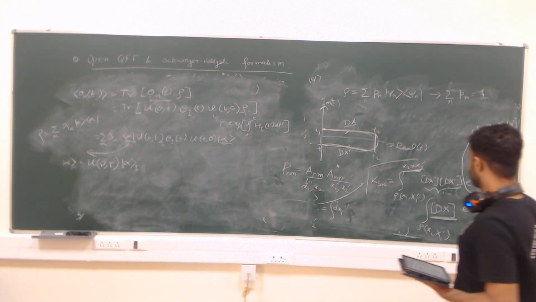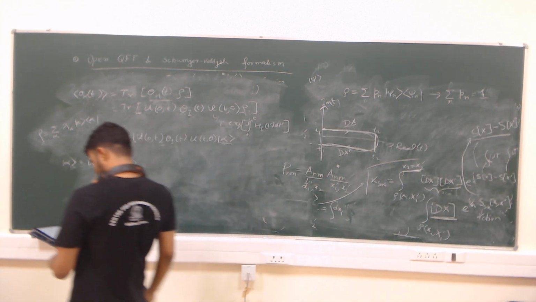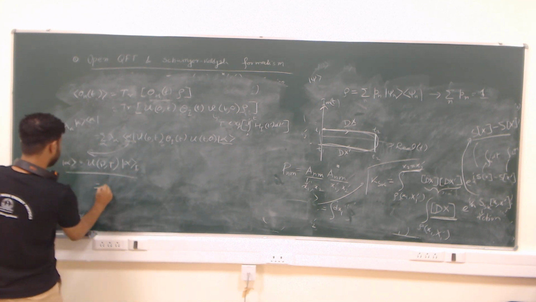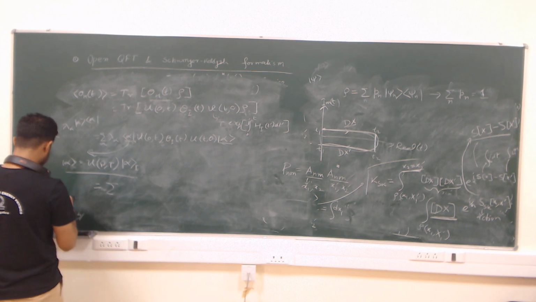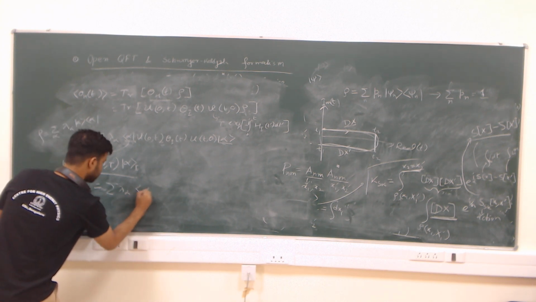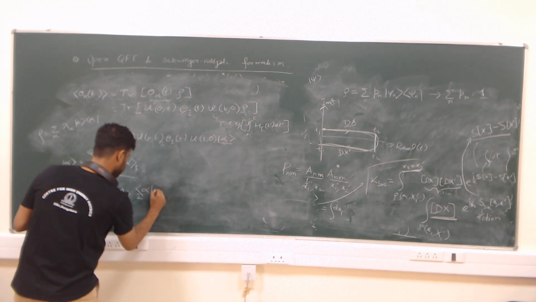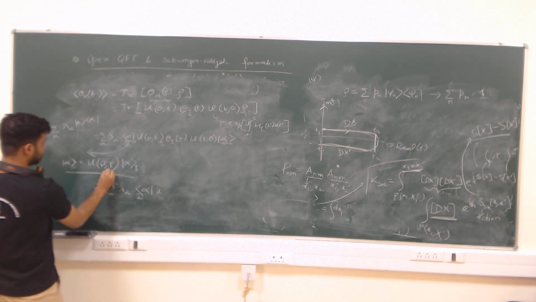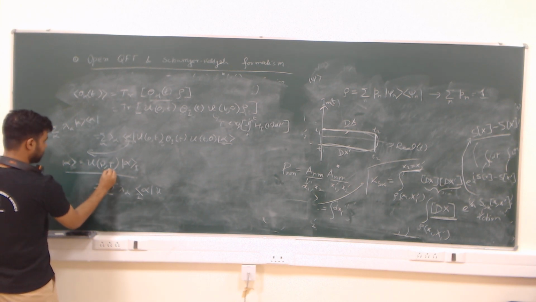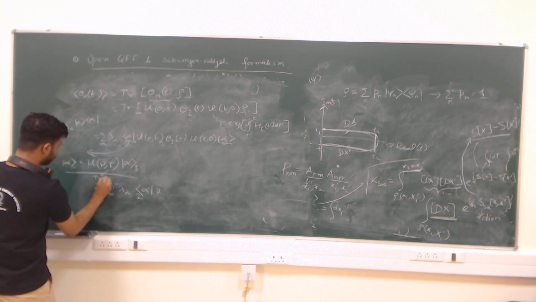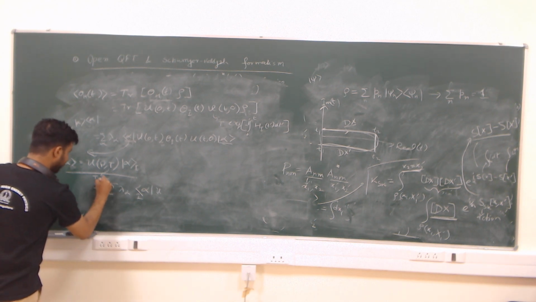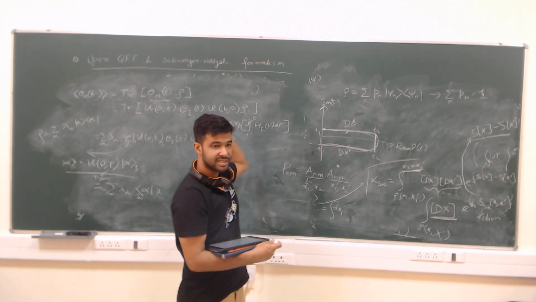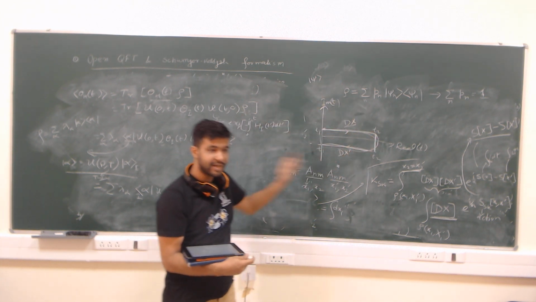If we use the interaction picture here and write everything in terms of the interaction picture, then it becomes the following. Of course, at the end we will take t going to minus infinity, if you want to study something like Wigner-Keldysh, where we start from minus infinity, go to some time and come back.